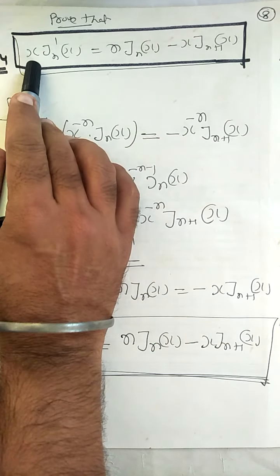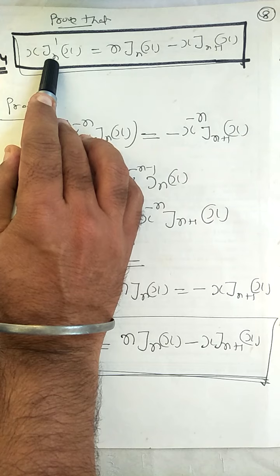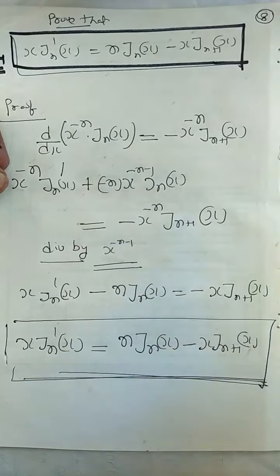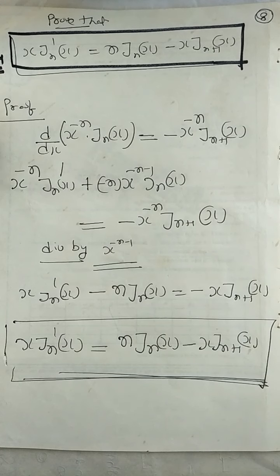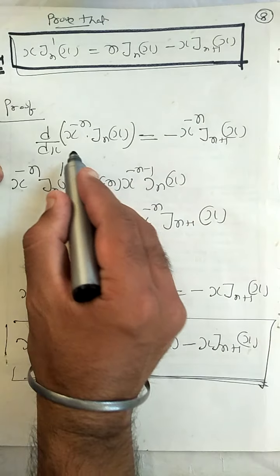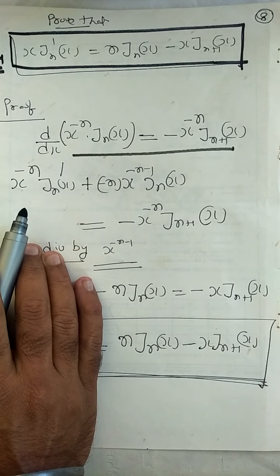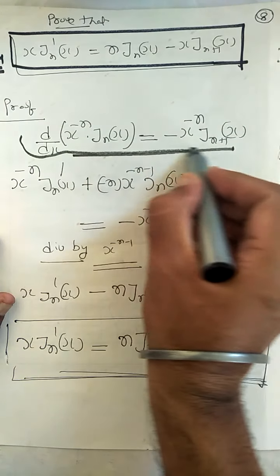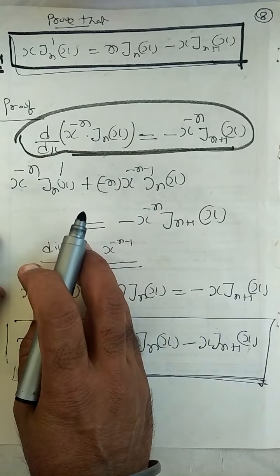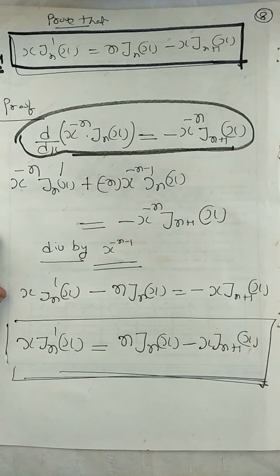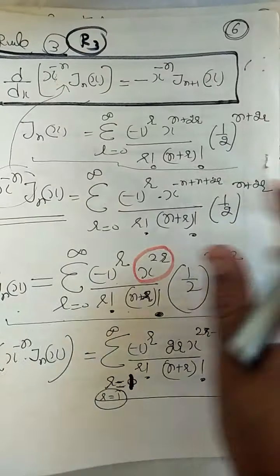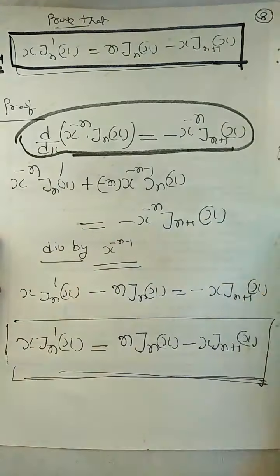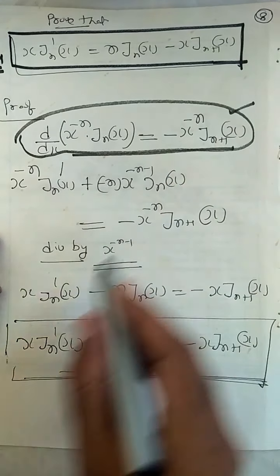So R4 is x J_n'(x) = n J_n(x) - x J_{n+1}(x). To start, we proceed with the previous recurrence formula, which is d/dx of x^(-n) J_n(x), and this is the previous recurrence formula.